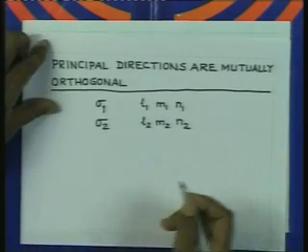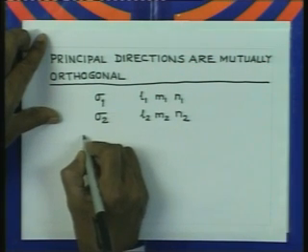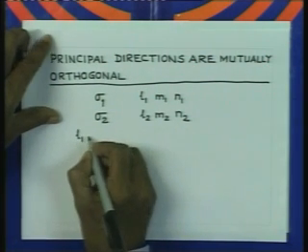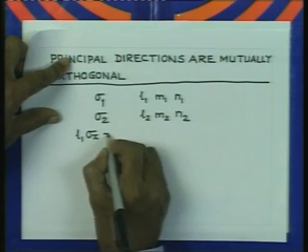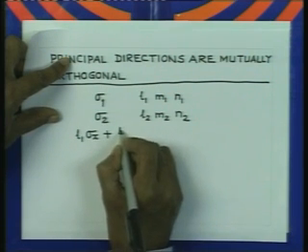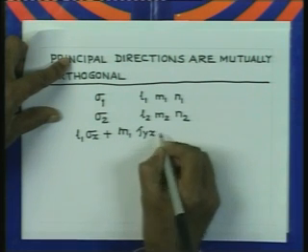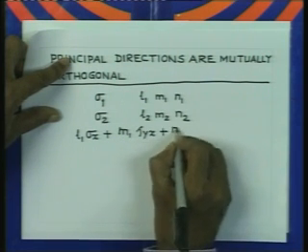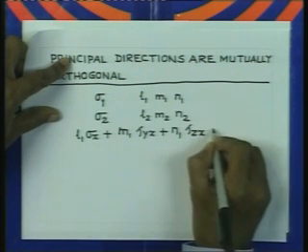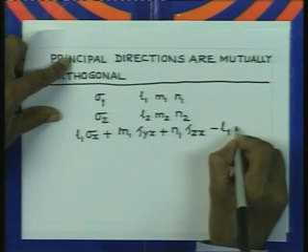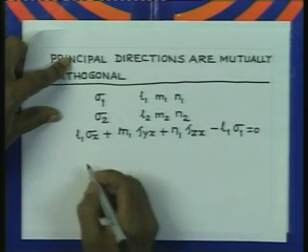Now, we have the equations which we have written a little while ago, that L1 into sigma x plus M1 into tau yx plus N1 into tau zx minus L1 into sigma 1 is equal to 0. So, that is the first equation.